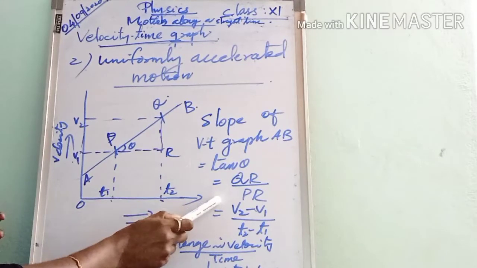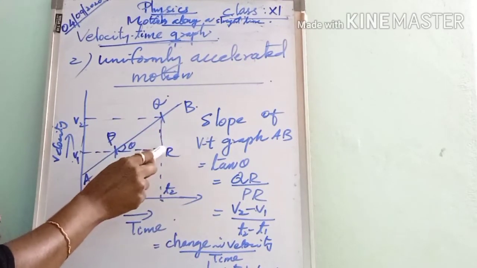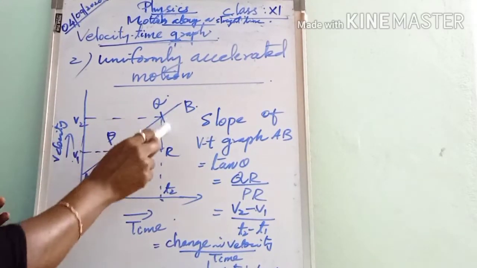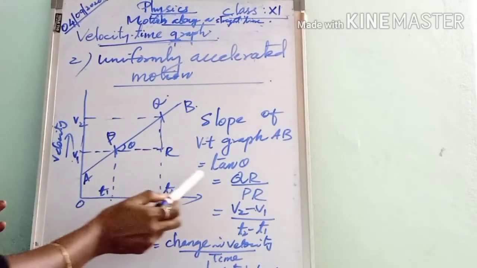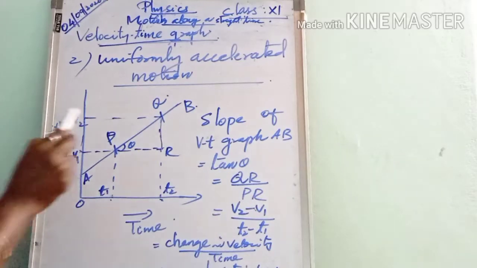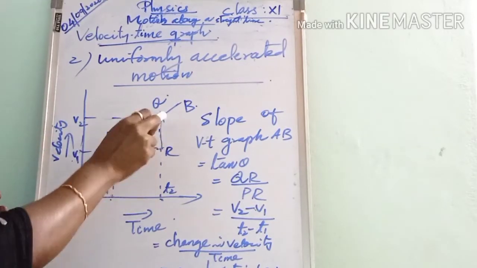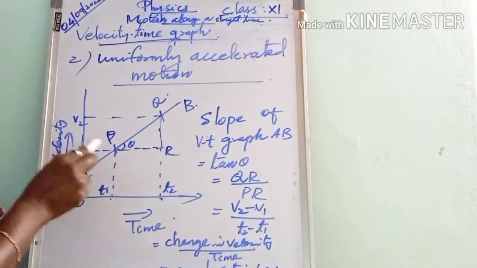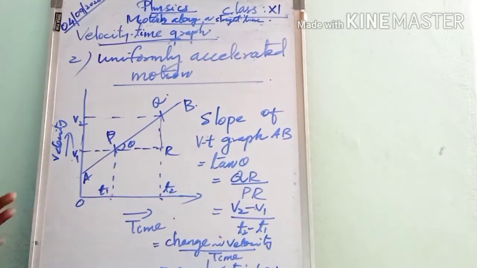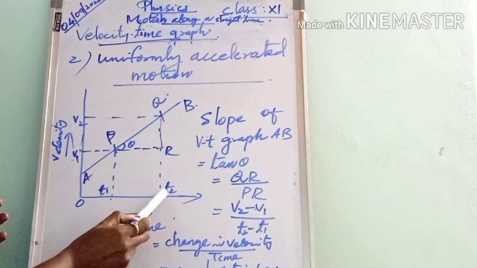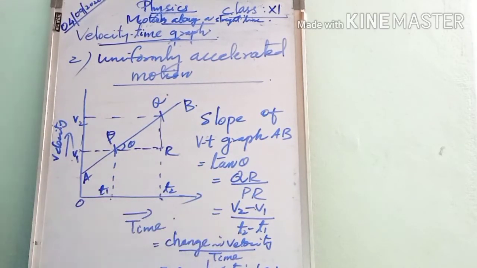Tan theta is opposite side divided by adjacent side, so QR divided by PR. Then substitute for QR and PR. QR represents V2 minus V1, and PR is T2 minus T1.